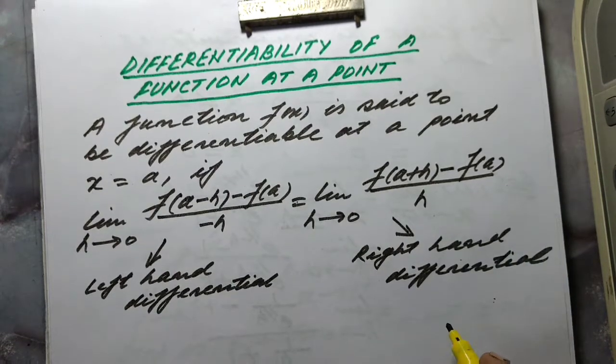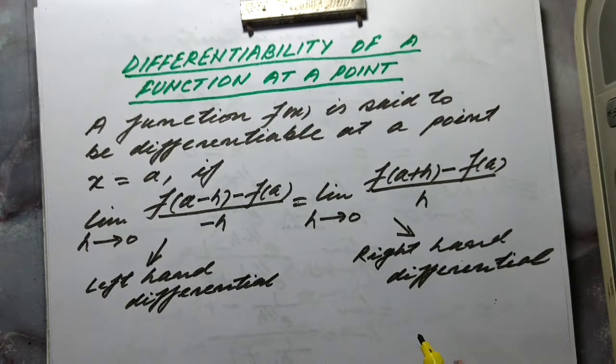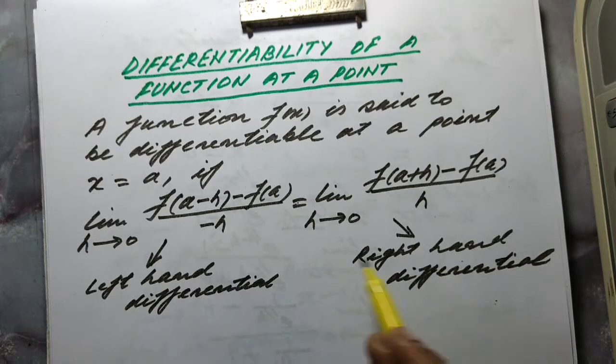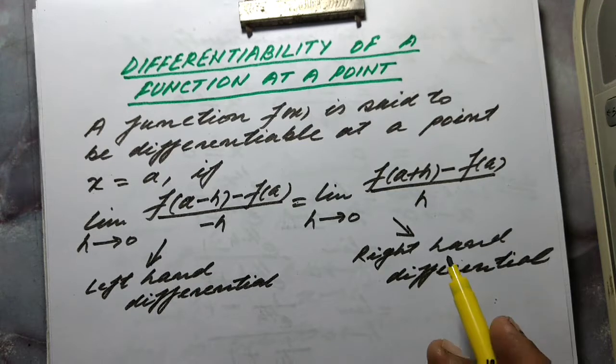So in other words, we can say that a function f(x) is said to be differentiable at x = a if its left hand differential and right hand differential at the point are equal.